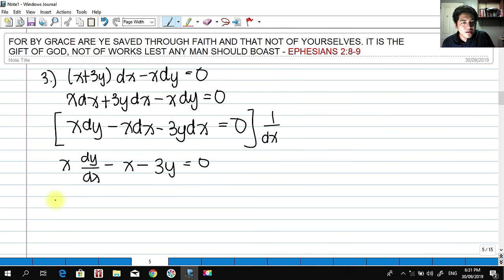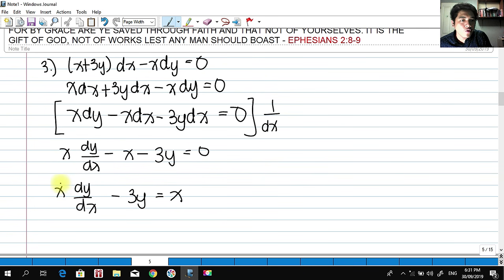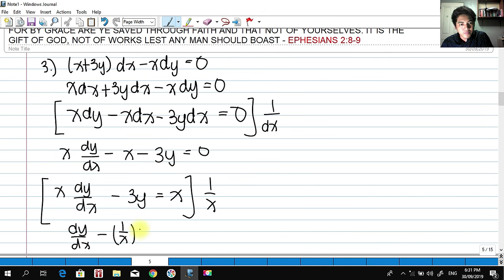And if I further transpose this x on the other side of the equation, we have this equation. I still have to eliminate the x here for this dy over dx to be left alone on this side. So we divide it by x. So we have dy over dx minus 1 over x multiplied by 3y is equal to 1.